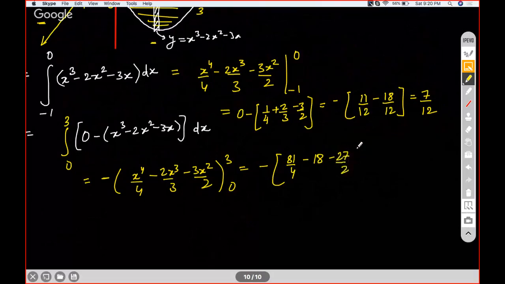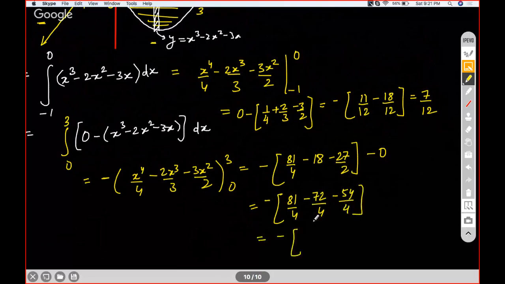And 0 will be 0. Again, you'll realize you'll never get a negative answer. That's negative 81 minus 126 by 4, so 45 by 4 after taking the positive.